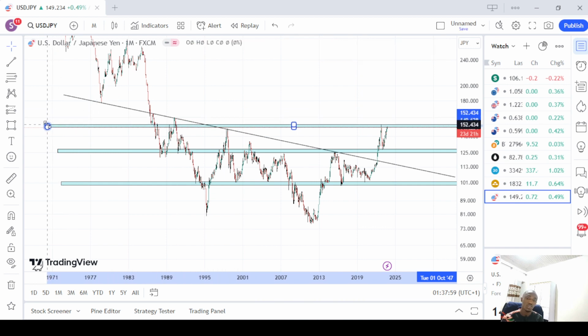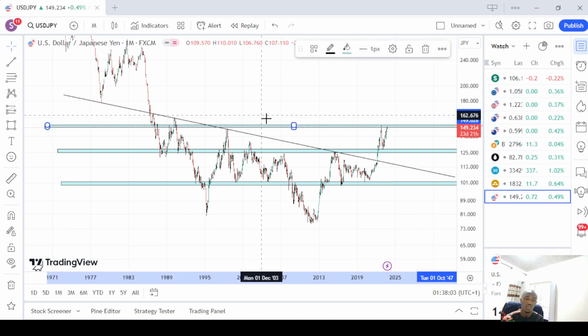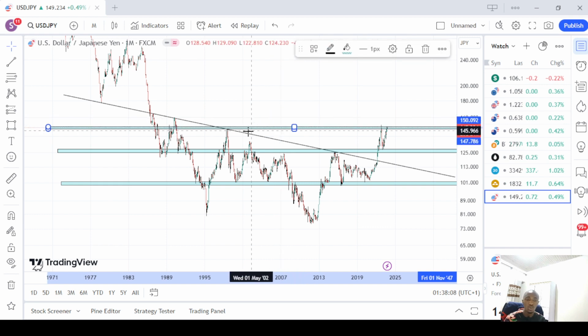Market making turns at these levels. So you do that on your monthly time frame.